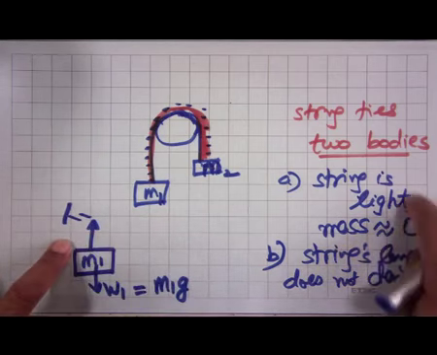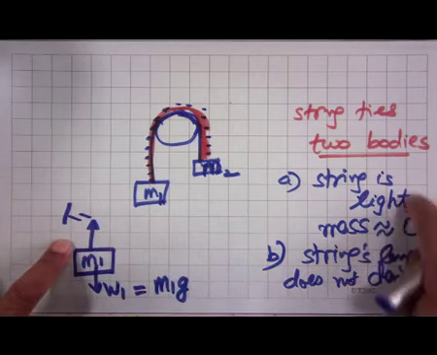And now, in problems like this, you will also have to realize, we will be solving many of these, that if there is a single string tying these and if this is inextensible, then the accelerations of bodies 1 and 2 will be related, they will move by the same length. If suppose body 1 is heavier and this whole thing is moving down, then if this moves down by a distance x, body 2 will move up by a distance x.